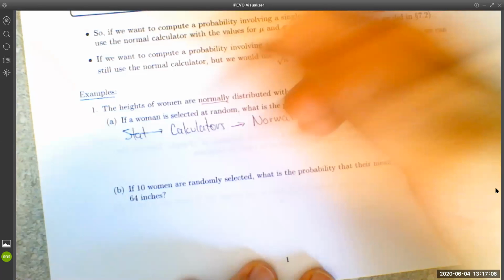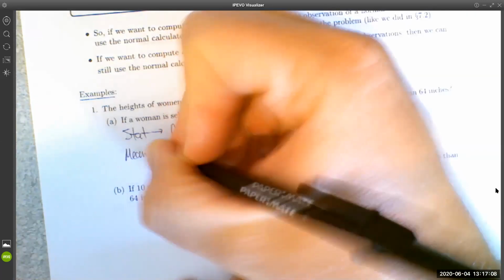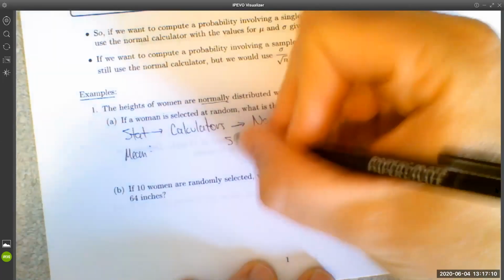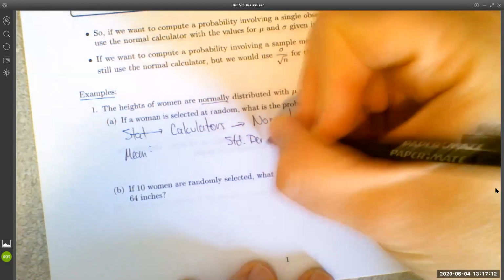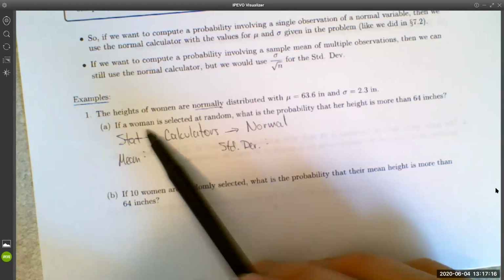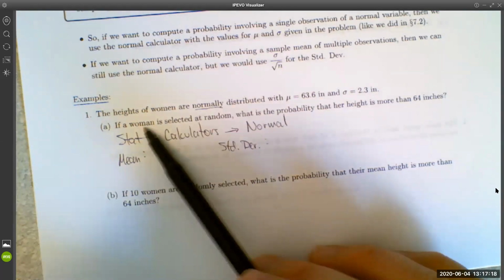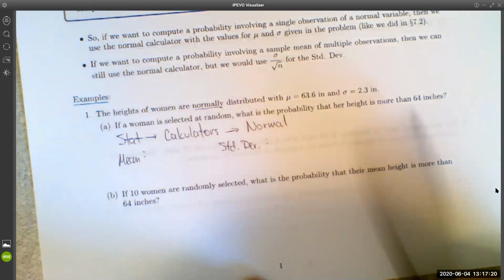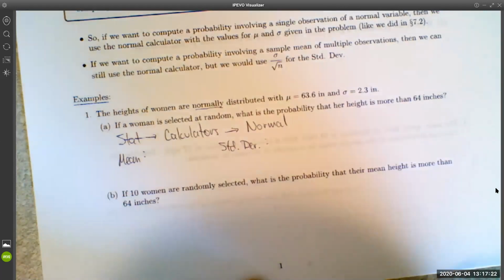When we do, we're going to be prompted to enter something for the mean and something for the standard deviation. Since this is just a single observation, we're just talking about if one woman were selected at random, what's the probability that her height's more than 64 inches?